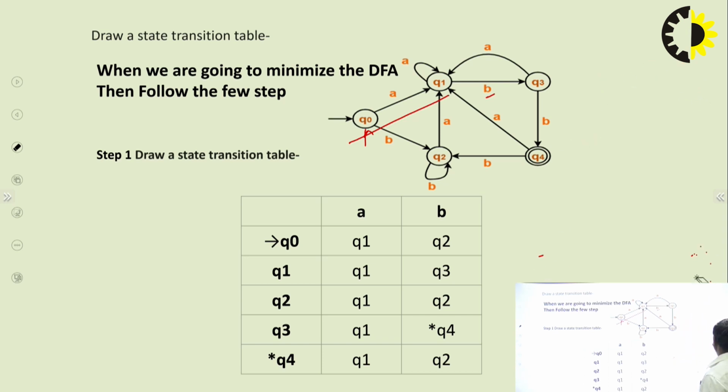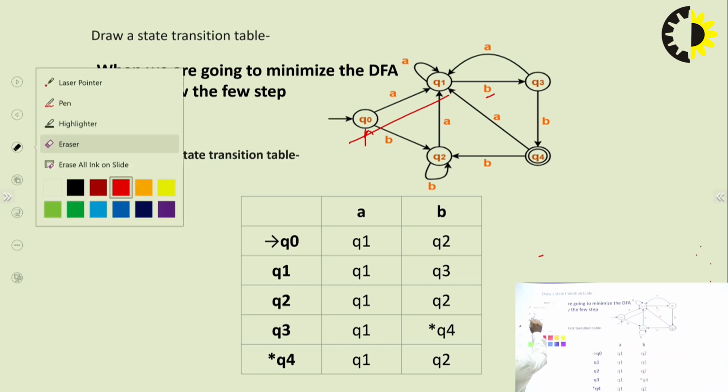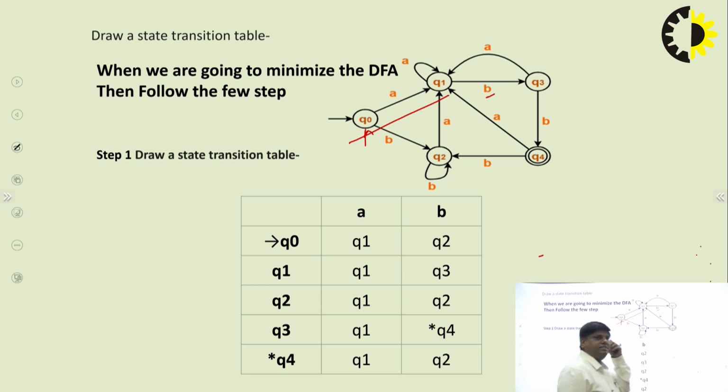For the given deterministic finite automata, first we draw the transition table of the given problem. I have already explained by which method we write the transition function, and with the help of the transition function, we draw the transition table. Now, Q1 is your initial state.